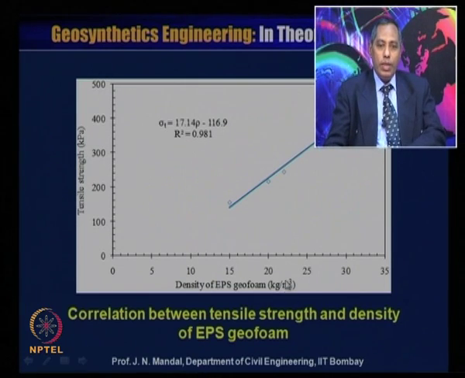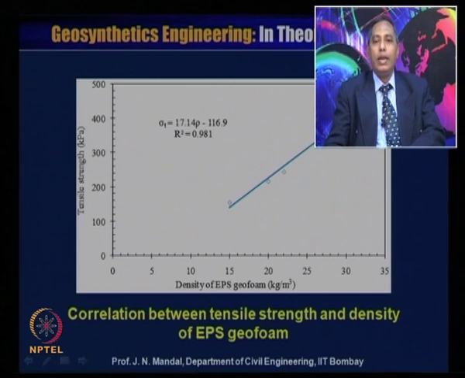Now, the correlation between the tensile strength and the density of the expanded polystyrene geofoam. Here the x axis is density of the EPS geofoam in kg per meter cube and the y axis is the tensile strength in kilopascal. For the different densities, you know the tensile strength value: for 15, similarly for 20, 22 and then 30.